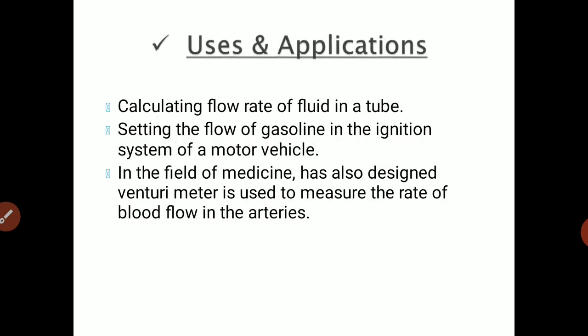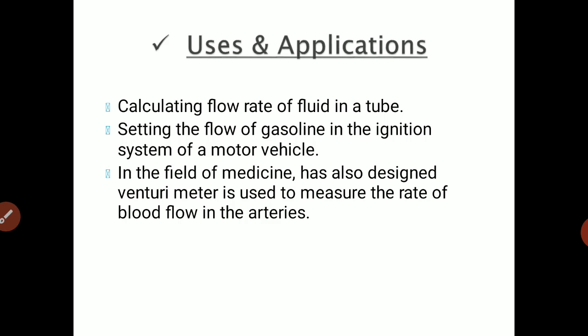What are the uses and applications of the venturimeter? For calculating the rate of flow, obviously discharge, and for setting the flow of gasoline in the ignition system of a motor vehicle.